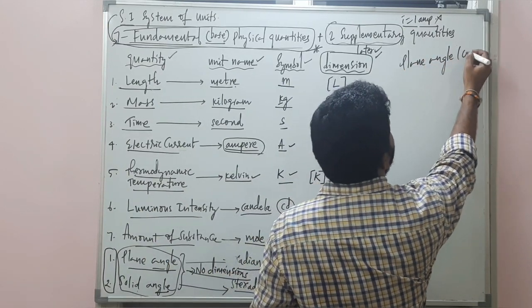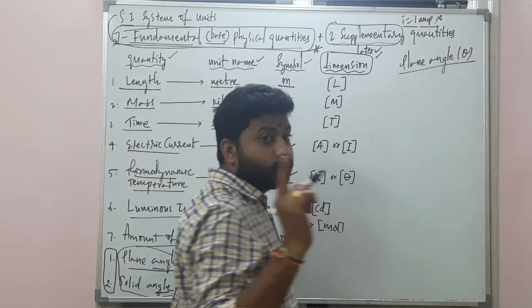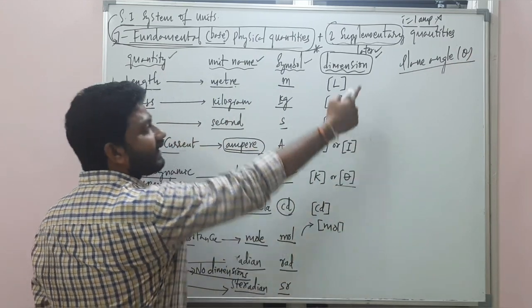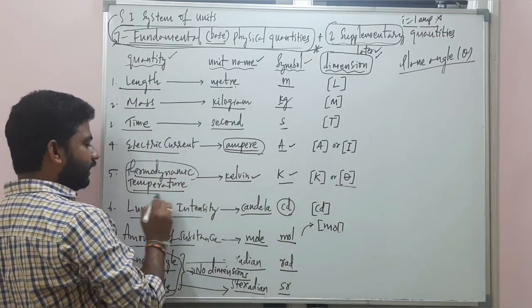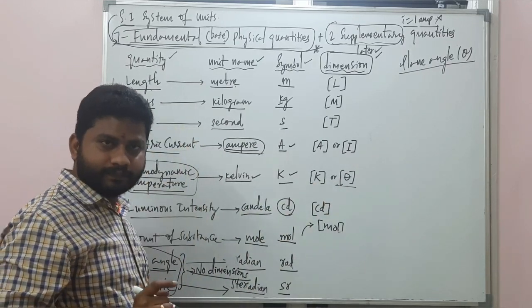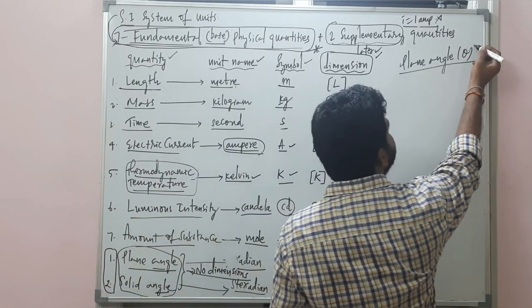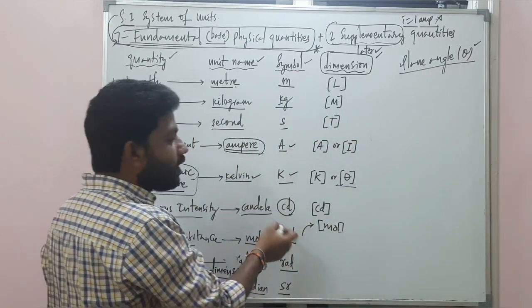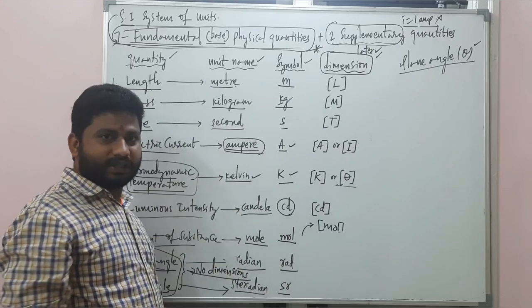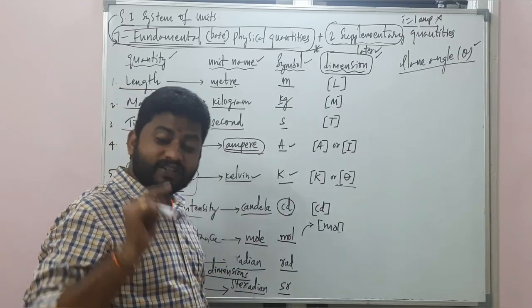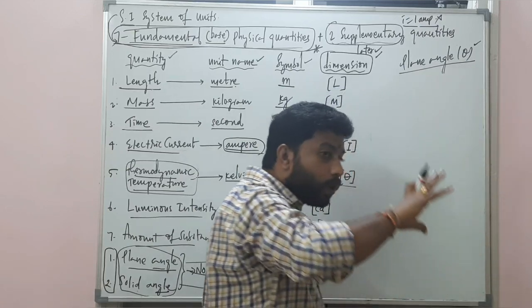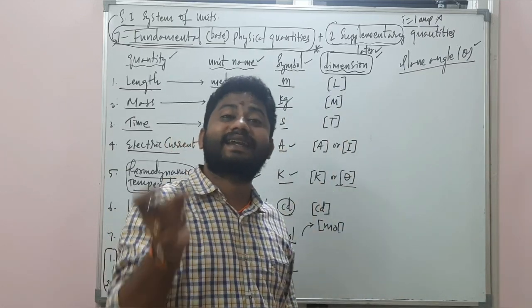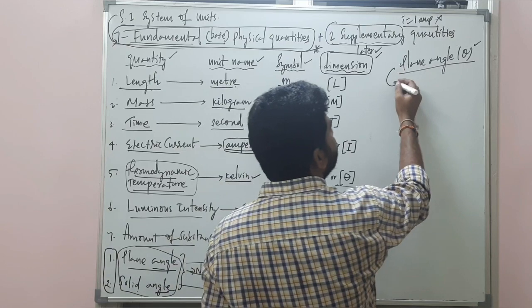Plane angle is denoted with the symbol theta, but you should not get confused with this theta and that theta. This theta represents thermodynamic temperature, and this theta is plane angle. That theta comes under thermodynamics, which is a branch of physics, and this theta we discuss in overall physics, especially in circular motion, in mechanics.